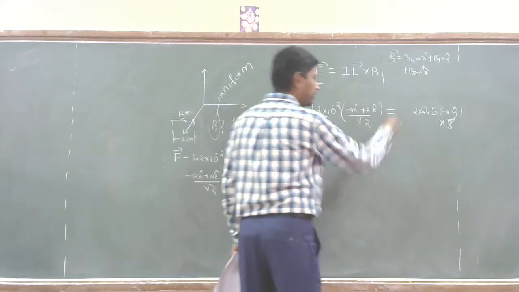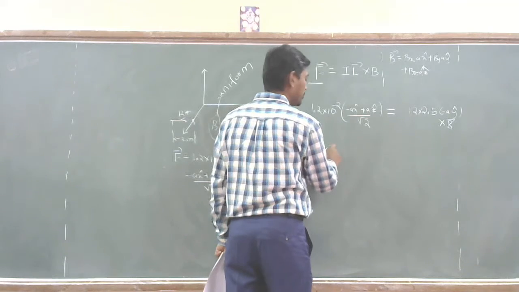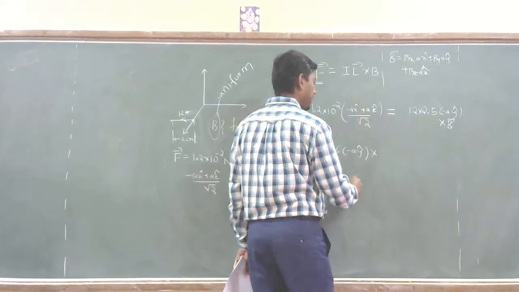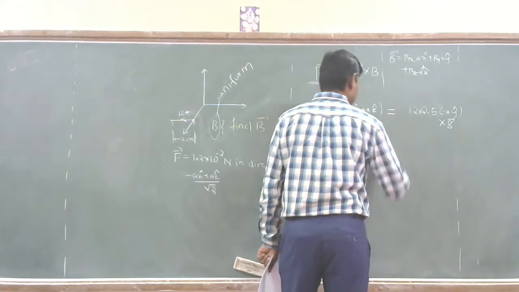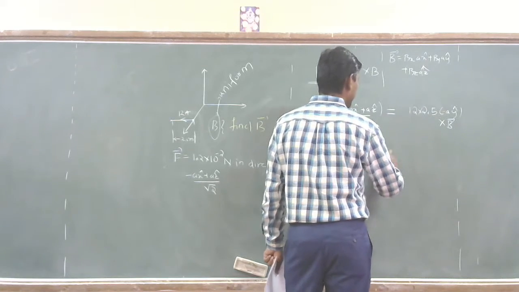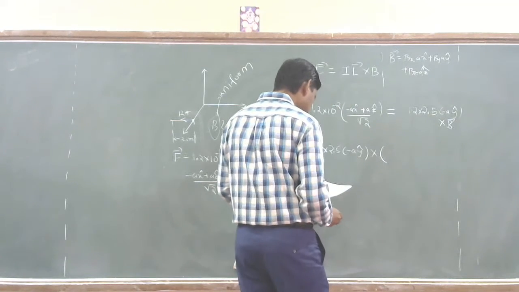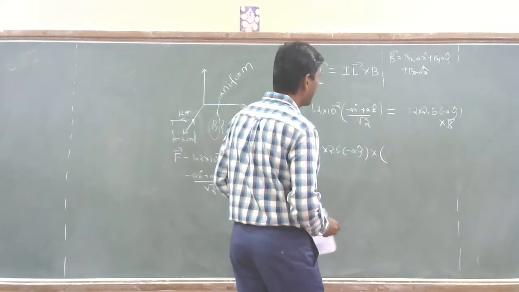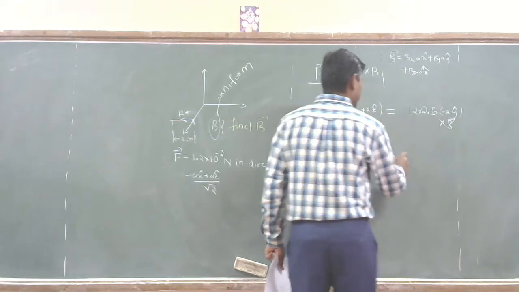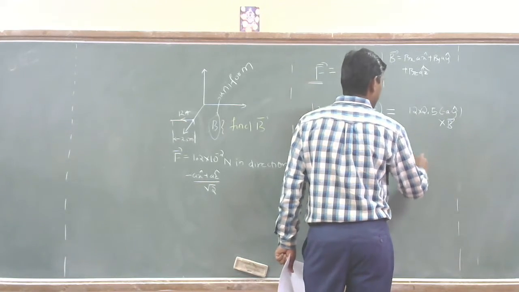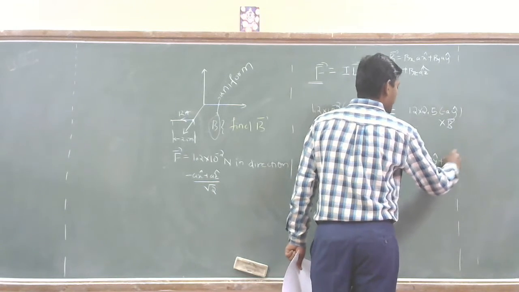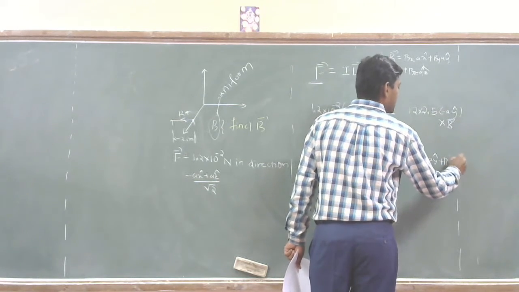So I'll try to do this right hand side, which is 12 into 2.5 minus ay hat, and we are supposed to do a cross product with this B. As I told, B is Bx ax hat plus By ay hat plus Bz az hat.